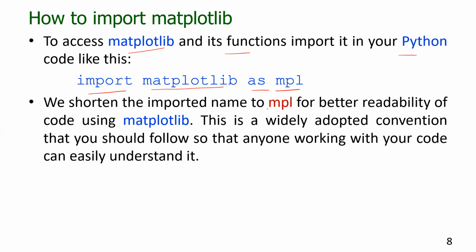Here we shorten the imported name to mpl for better readability of the code using Matplotlib. This is a widely adopted convention that we should follow so that anyone working with our code can easily understand it. Simply you can use import matplotlib as mpl. Some other modules related to Matplotlib you can also import.